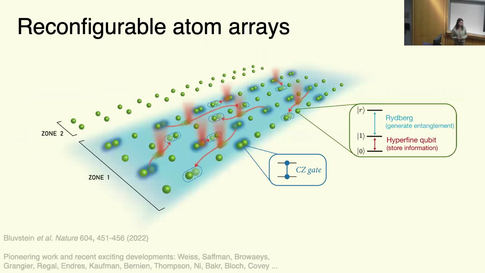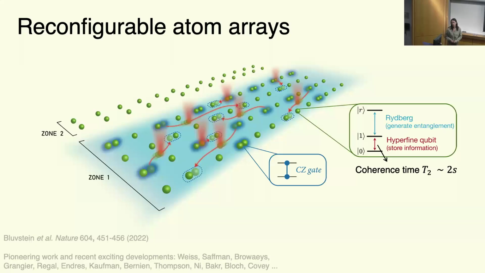The platform that my group is working on is that of a reconfigurable neutral atom array. What does this mean? We're going to take a bunch of rubidium atoms and cool them down, and each atom is going to store a single qubit in the state of its outermost valence electron. The 0 and 1 states are going to be in two low-lying states of our electron, which are nice because they're really protected from the environment, with long coherence times.